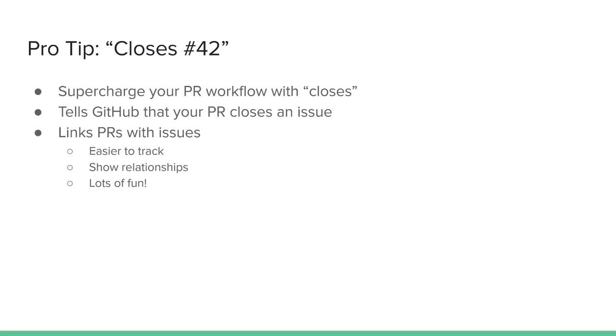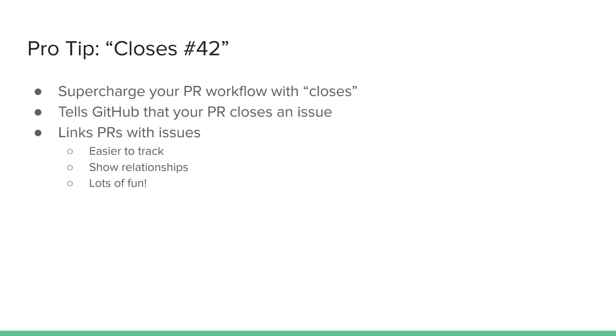This is just a quick pro tip. In a pull request, you can use this cool language, closes, with the number of an issue that you're trying to close. I'll show this in a second, but it lets you quickly close issues that are connected to a pull request. So if it's a bug report, for example, we have an issue, maybe issue number 42, and this is a bug report.